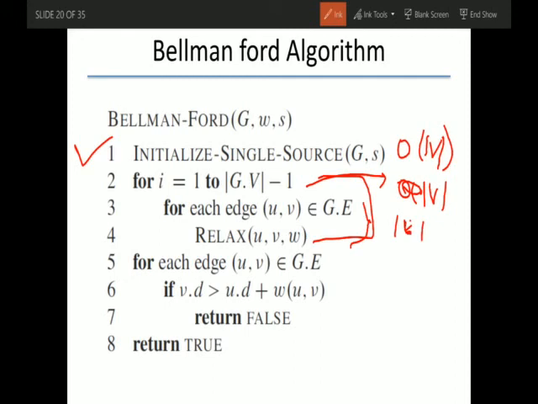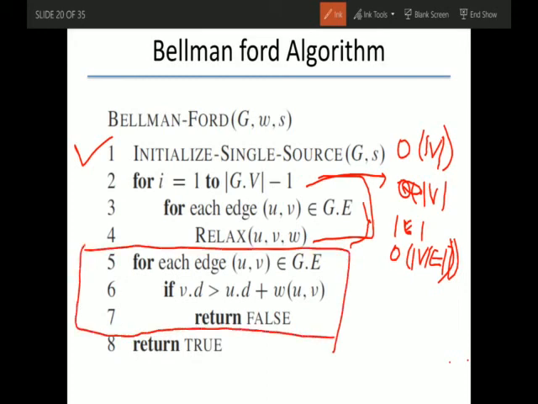So for each outer loop we run the inner loop for number of edges times. So lines 2 to 4 will take order of v into e, and lines 5 to 7 are for checking the negative weight cycle.